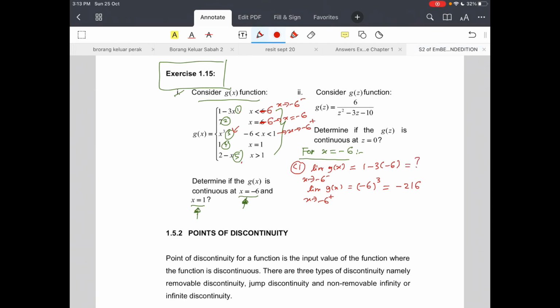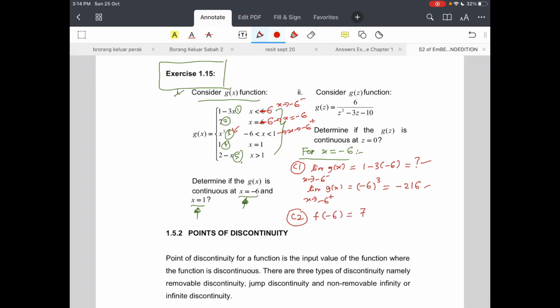What is your answer here? Okay, if you solve here, obviously for condition 1, the value is not the same. The left side limit and right side limit do not yield the same answer. Now for condition number 2, we look into what is the value when x equals -6.